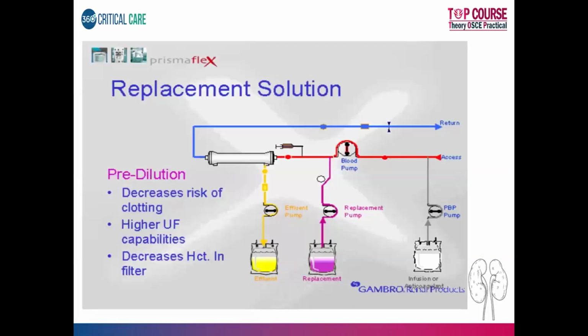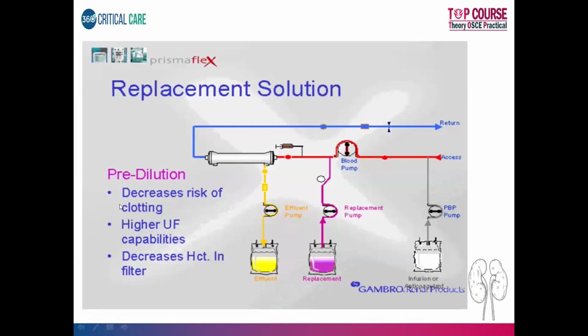As I told, this replacement fluid can be given pre-filter and post-filter. If you give it pre-filter, what happens? The blood goes through the blood pump, and this is the filter. Pre-filter, there is a replacement fluid.